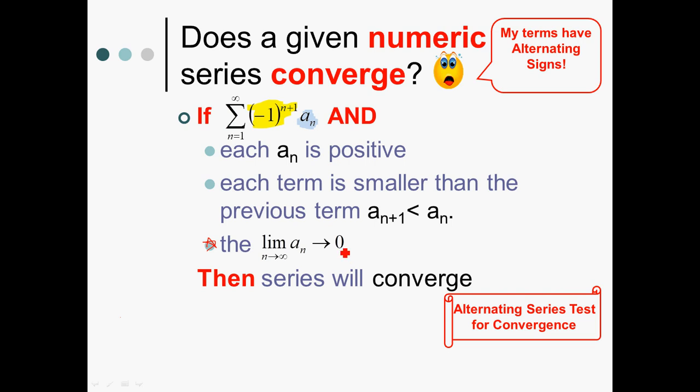However, if your terms are positive, they are decreasing, and the limit of your terms goes to 0, but you also have alternating signs, then adding all those negative terms, every other term being negative, is enough for convergence. So you can kind of think of the nth term test for convergence as working as long as you have alternating signs and your terms go to 0.